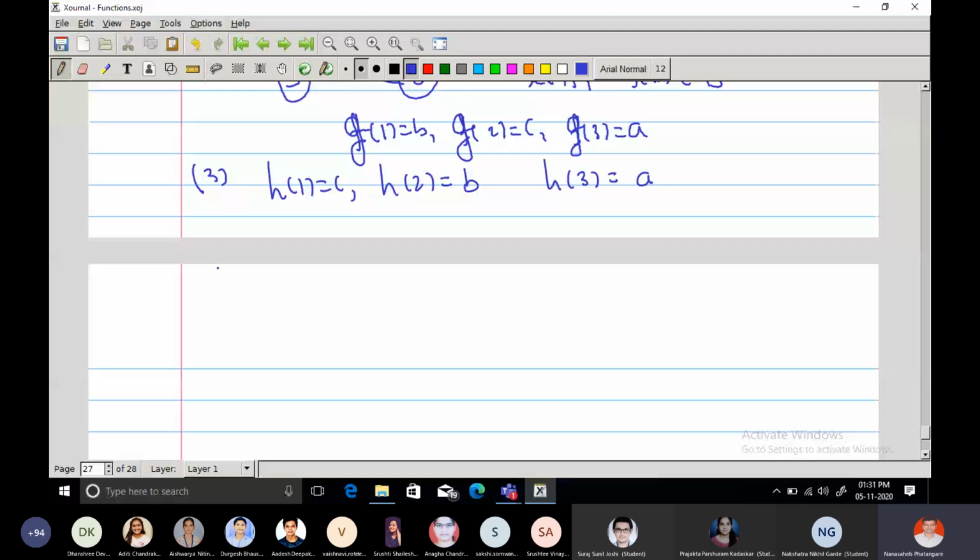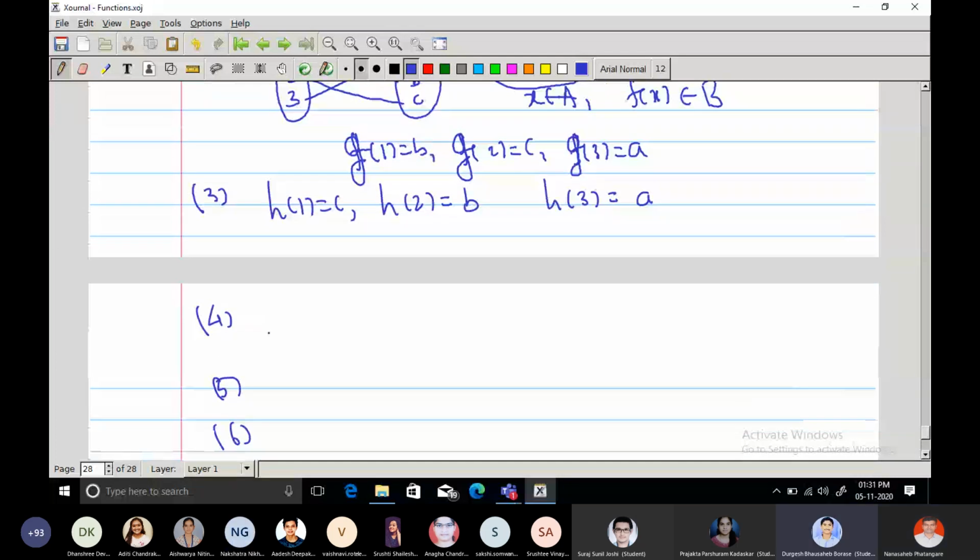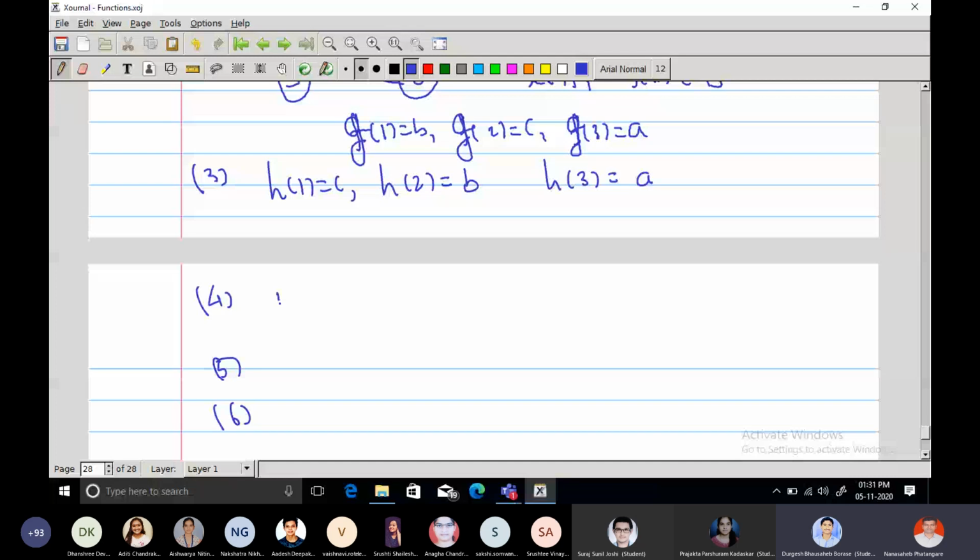Right. Can you find one more? M of 1 equal to C, M of 2 equal to A, and M of 3 equal to B. Okay, so I am defining a new function.